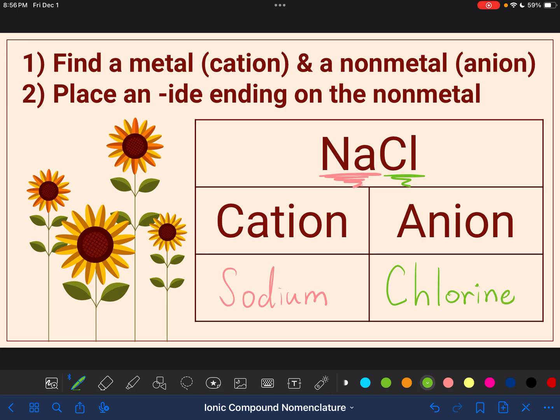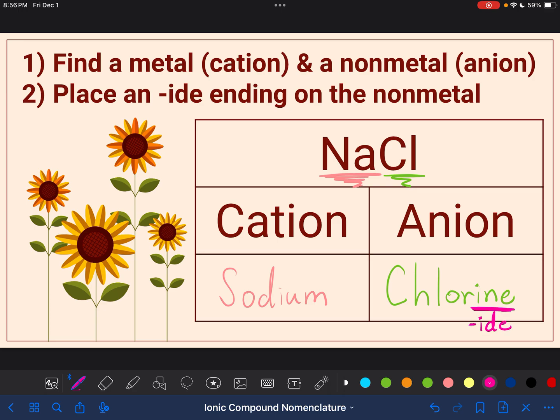But remember, our ending for our nonmetal must be IDE. So what should we do? What we can do is take out the INE part, this section right here, and replace it with the word IDE.